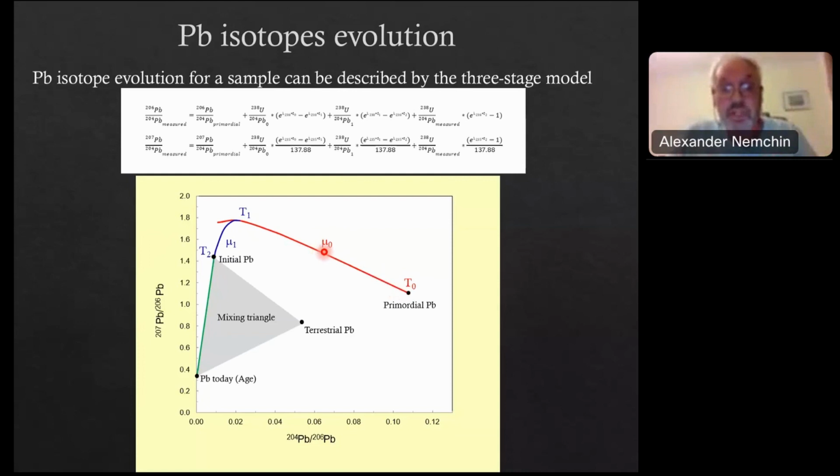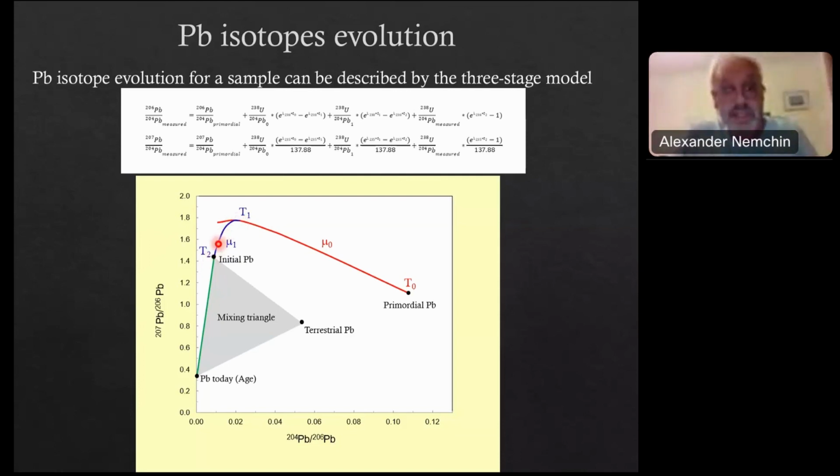Lead in this magma ocean is evolving along this red curve. Then at some point we form a source by crystallizing parts of this magma ocean, the source of the rock we are eventually going to study. We can refer to the time of formation of this source as T1, and the uranium-lead ratio as mu 1.